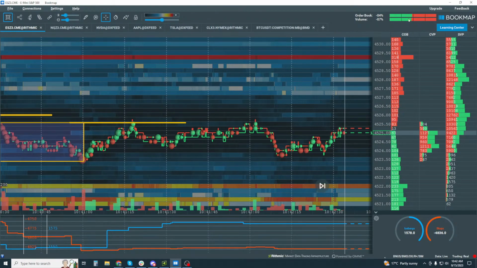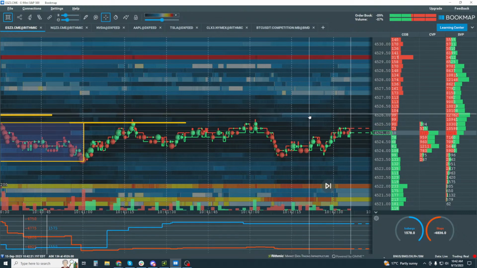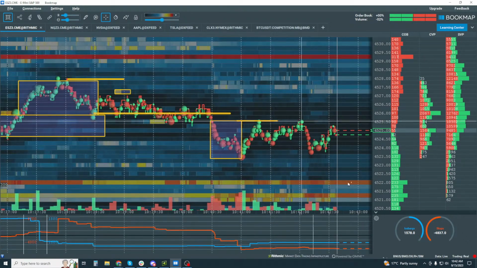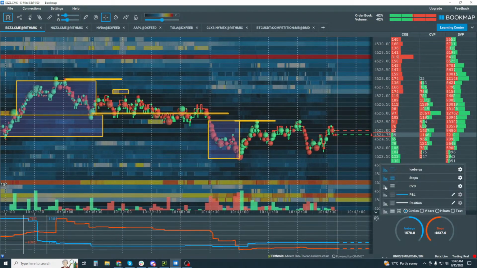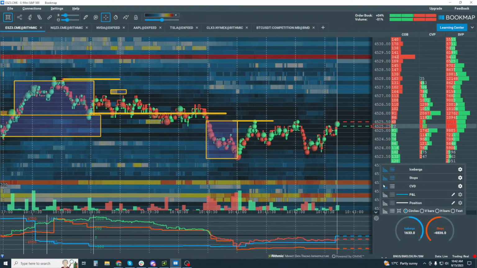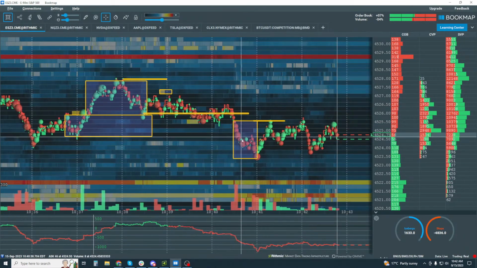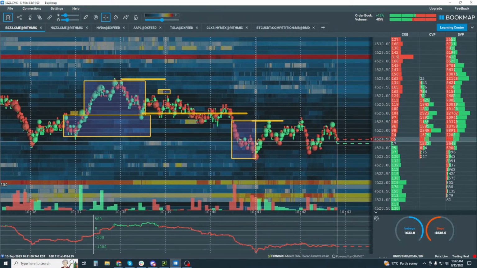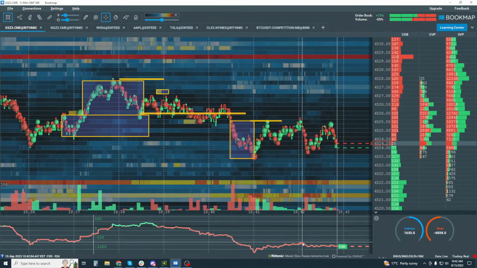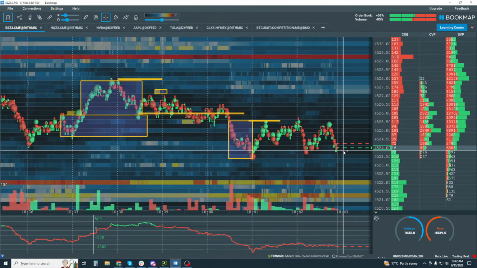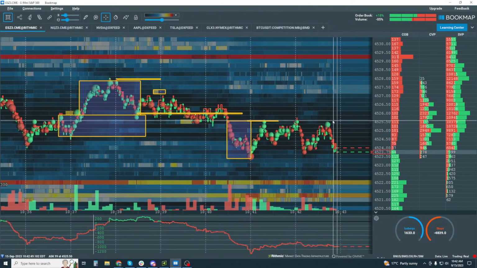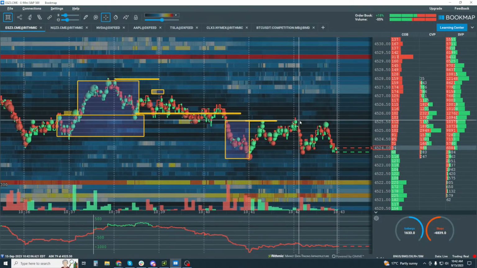This is one way to use this tool here with the global plus. Another way you can look at your CVD as well, for low volume pullbacks. Here it is very clearly, right? Sellers, buyers come in and it's muted, right? So we're still looking for continuation. Okay, so low volume pullback.